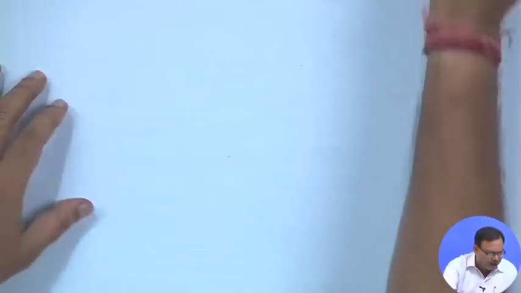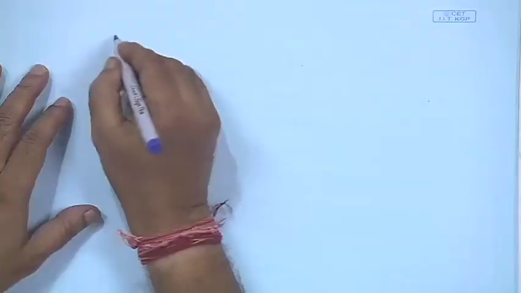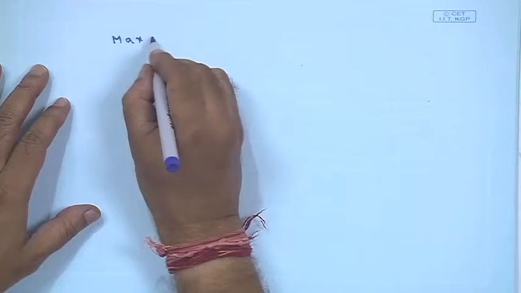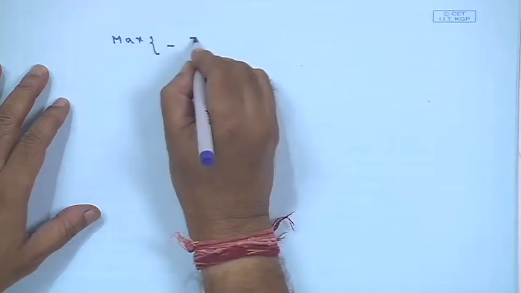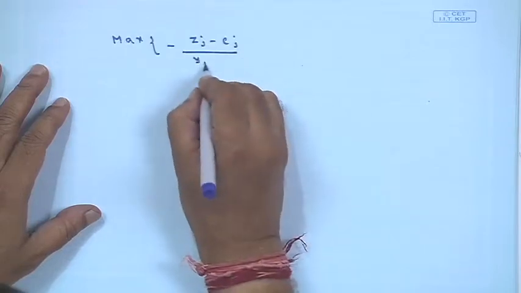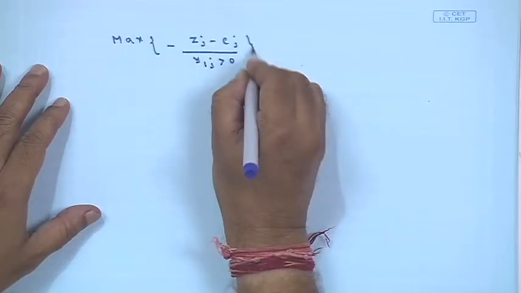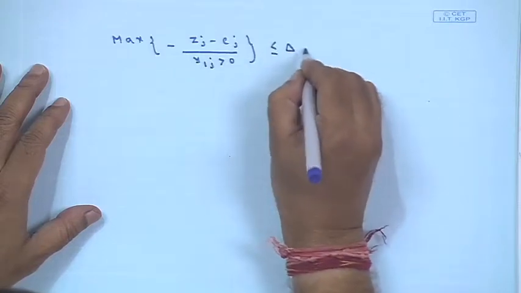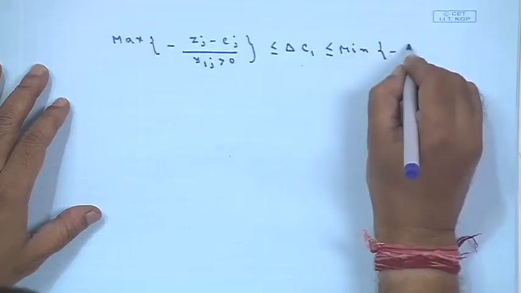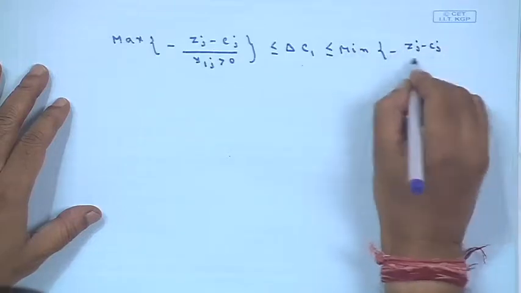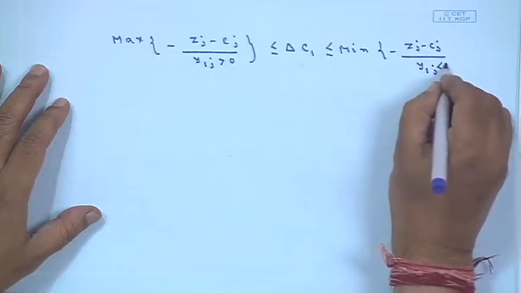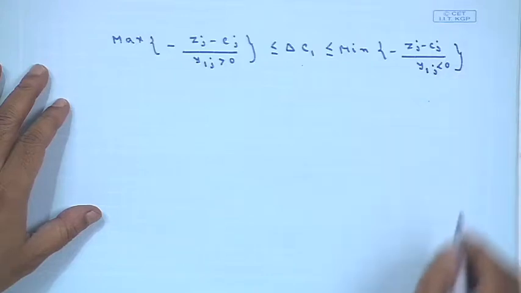Range of delta C1, if you remember, this is from the earlier lecture already we have told, maximum of minus zj minus cj by y1j, where y1j is greater than 0, less than equals delta C1 less than equals minimum of minus zj minus cj divided by y1j, where y1j will be less than 0.